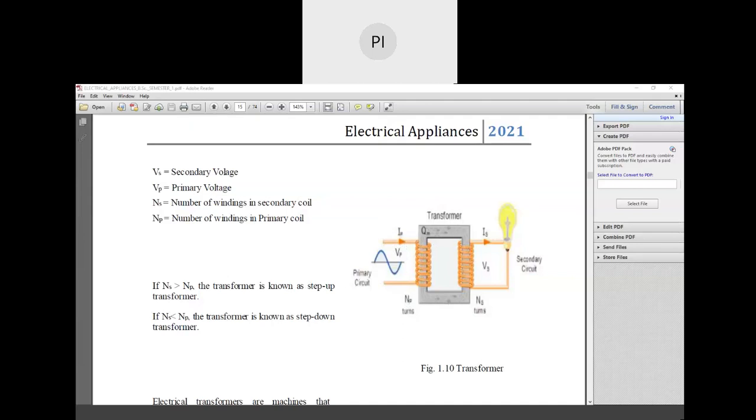Then the secondary circuit provides the electrical connections, and every house uses this secondary circuit voltage, with the wires connected in parallel. So every house uses these secondary voltages. Every village gets voltage from 33 kV through the secondary circuit that we use. So there is a production unit and a utilizing unit.